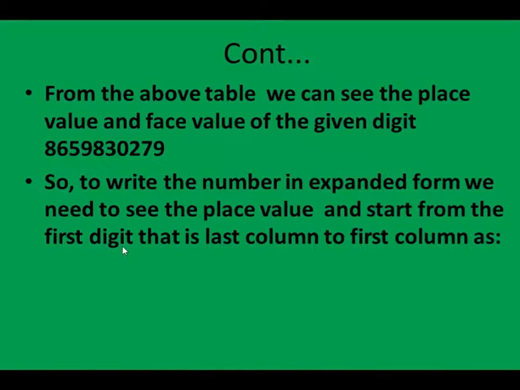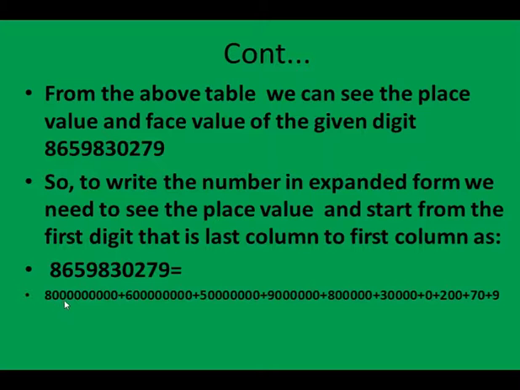For the number we have written 8 arab first, then 60 crores, then 5 crores, then 9 lakh, 8 lakh, and 30,000, 270 and 9. So we have taken it stepwise, the last column number first, then the second last, and so on, and written it in expanded form.